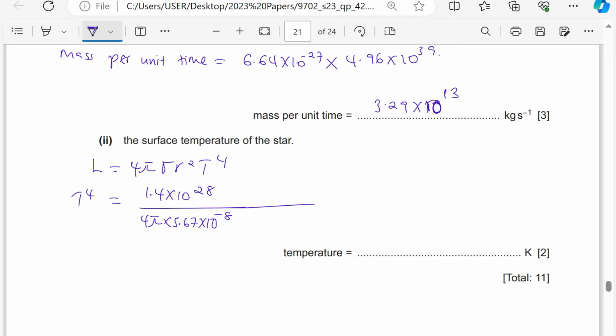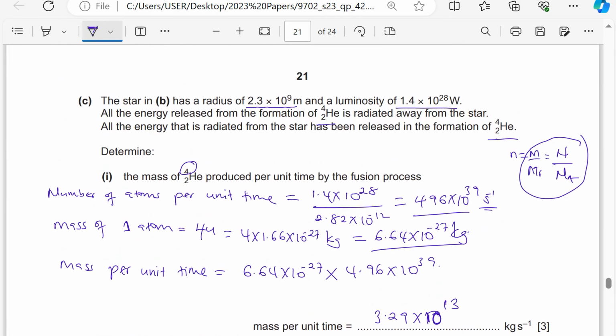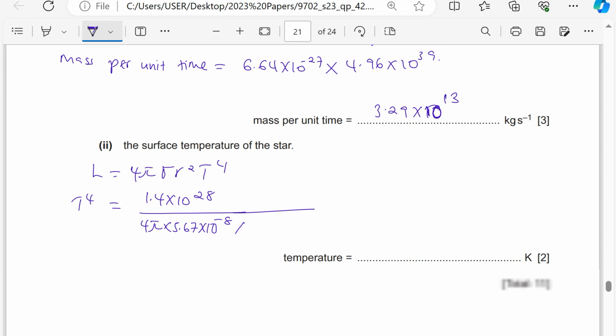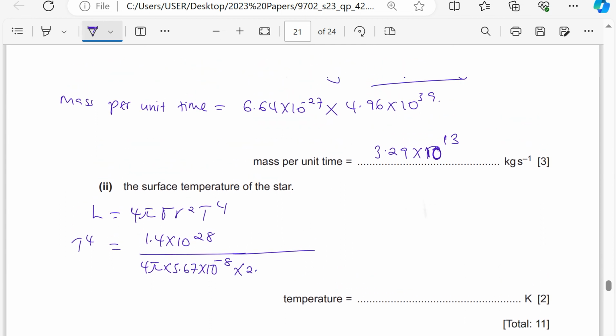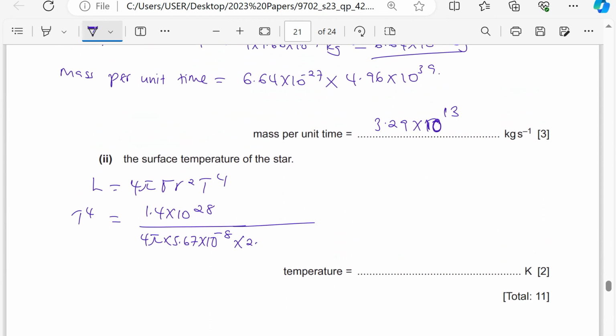Then the radius was given as 2.3 times 10 to the power of 9, and this is squared.